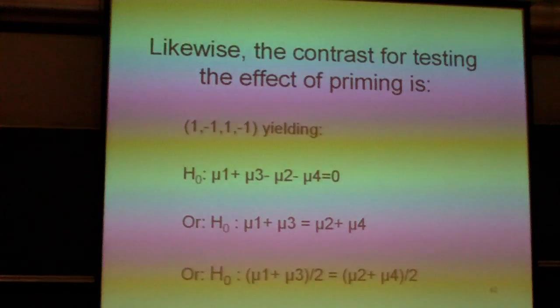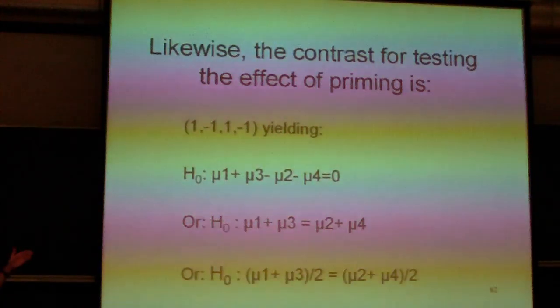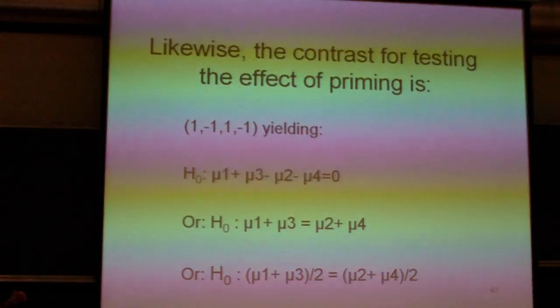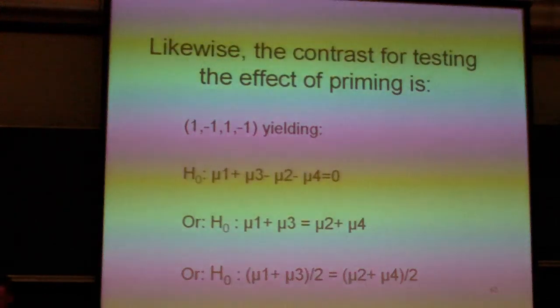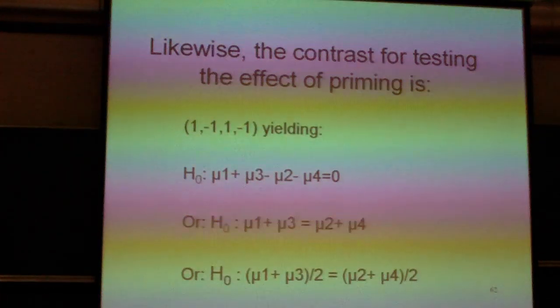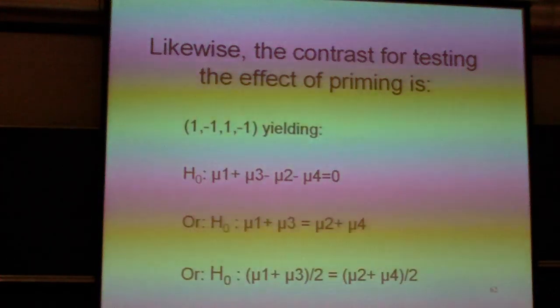Now, of course, likewise, the contrast for testing the effect of priming would be plus 1, minus 1, plus 1, minus 1, because the first and the third groups, I believe, both had a perseverance prime, and the second and fourth groups both had a neutral prime.